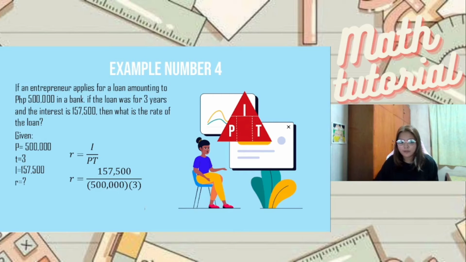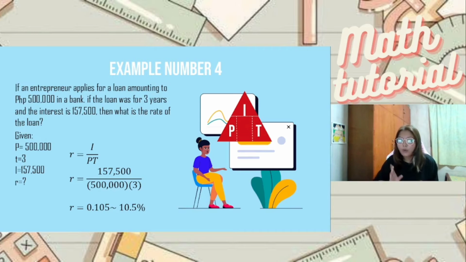So, ipagta-times muna natin 500,000 tsaka 3. Tapos, tsaka natin siya i-divide sa 157,500 sa answer dun sa 500,000 times 3. Tapos, ang lalabas na answer doon is 0.105.